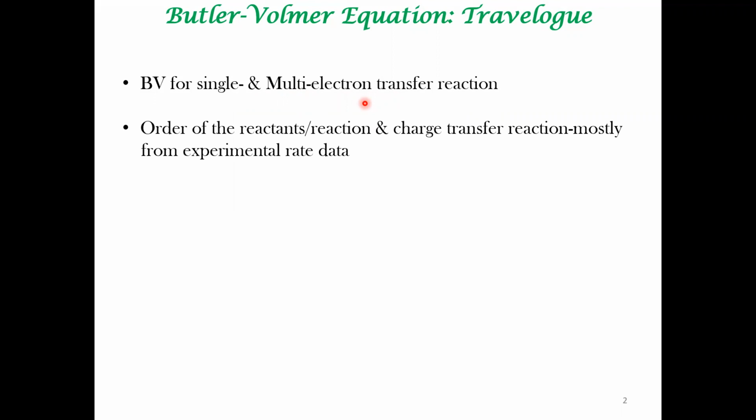The elements of electrochemical kinetics are established by these parameters: order of the reaction, order of certain reactants, charge transfer coefficients. So the connection to experimental data is very critical to fix all these terms. That's what we had seen earlier. So again, to emphasize, we had discussed these issues in the context of a single electrode.